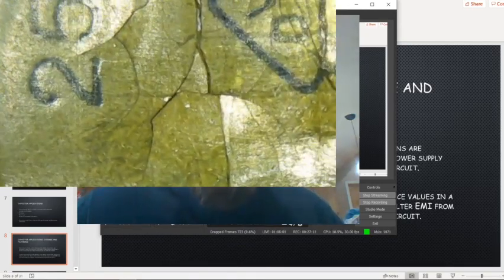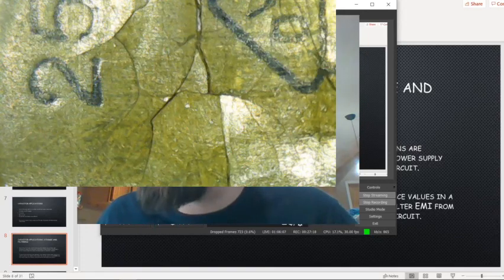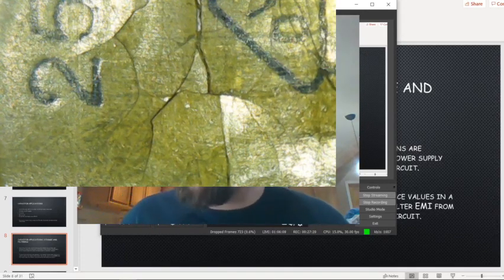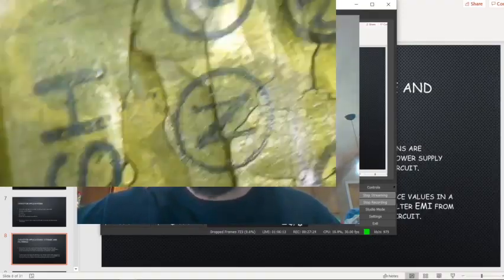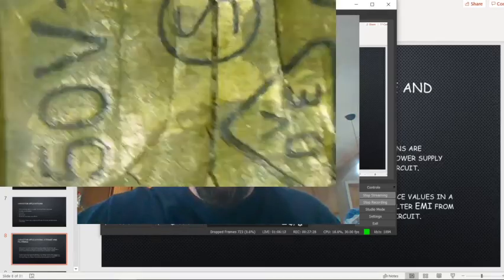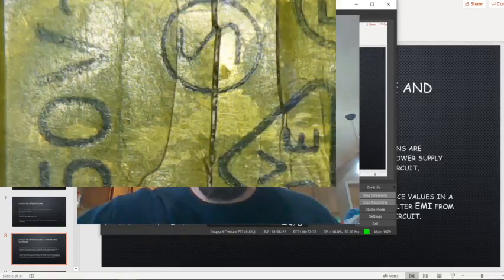So, can anyone tell me what's wrong here? It's got cracks in it. And this is the kind of thing I'm talking about. If you're not careful about the selection of the components, these things can ruin your day. This was inside of my oscilloscope, and I didn't notice it until I replaced it.